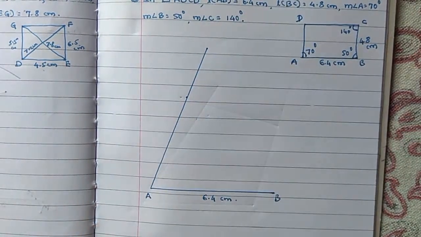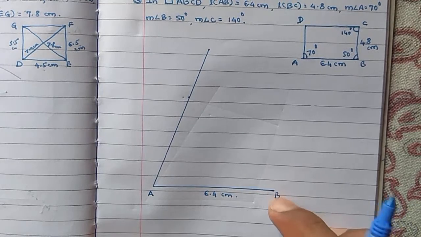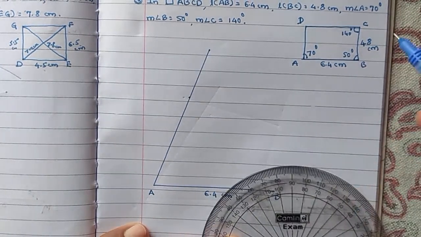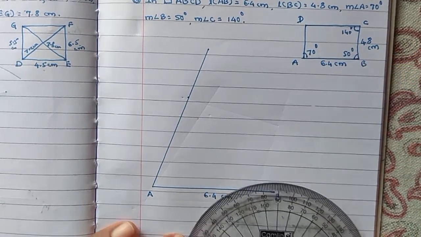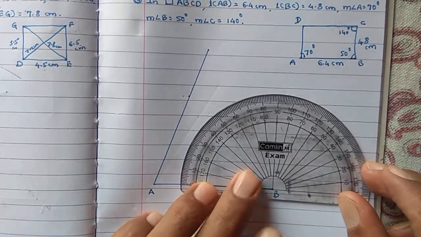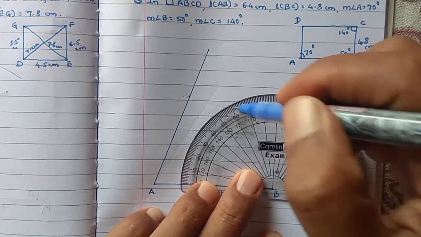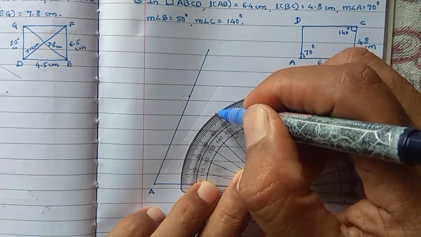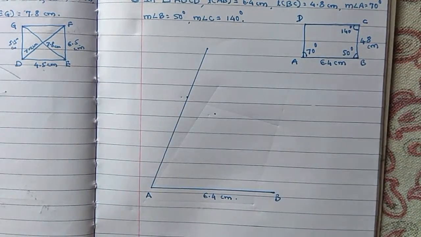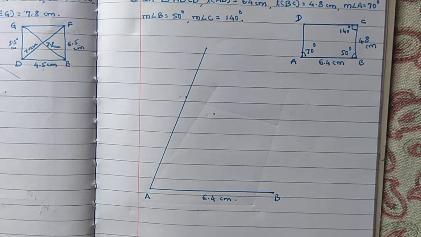Exactly, we don't know up to where we have to write. Then from vertex B, we have to take the measure of the angle as 50 degrees. Then take 50 degrees measure. Okay.